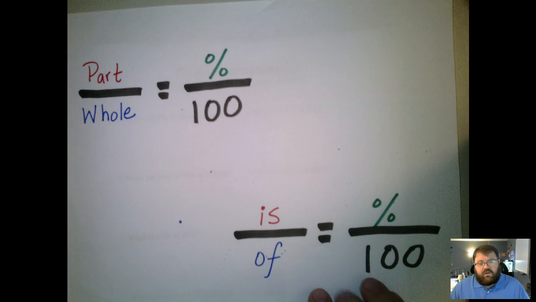So the first thing we're going to do is look at is over of equals percent over 100. As we go through these, each one is going to be a little bit different, but we're going to tackle it the same way as we did last week's.